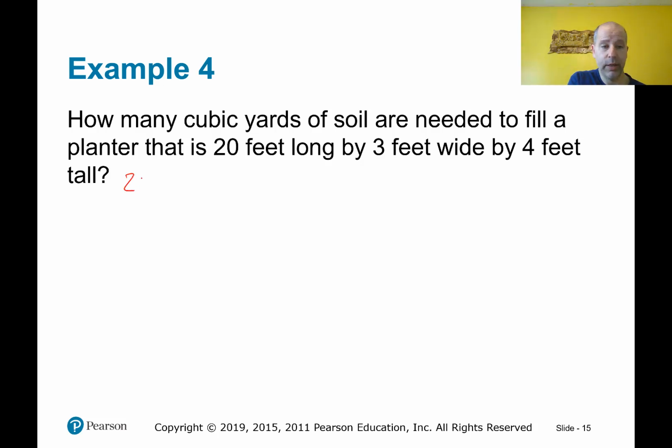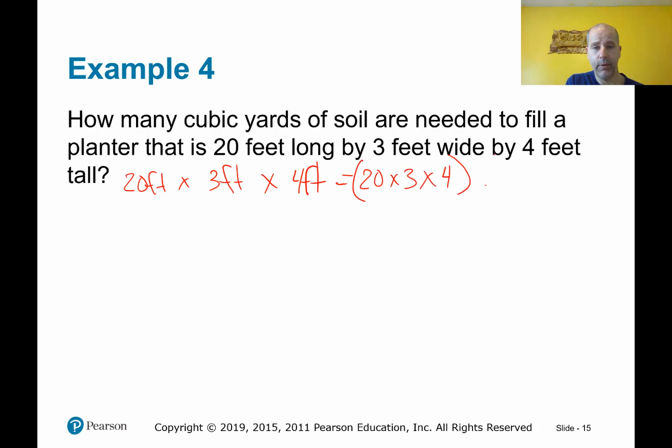So we're going to do 20 feet times 3 feet times 4 feet, right? And so, again, I'm going to write this out long ways, but this is what? It's 20 times 3 times 4, and then we've got feet times feet times feet, right?